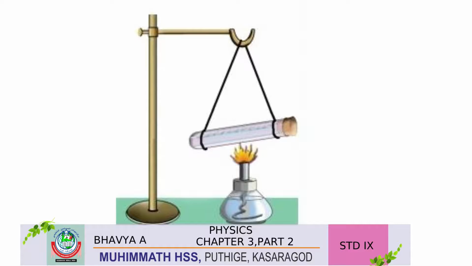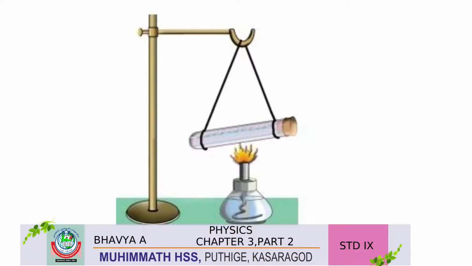At that time the test tube moves in the backward direction. Here the action is the cork moving forward. The reaction is the test tube moving backward. Here action and reaction are in opposite directions.